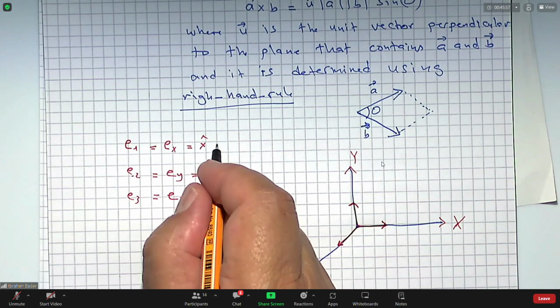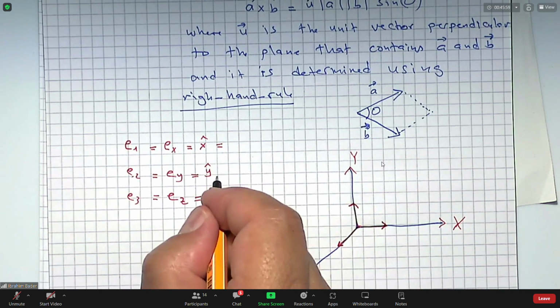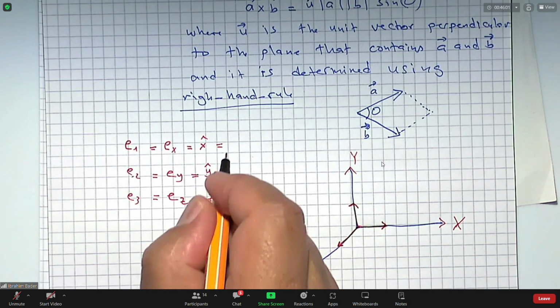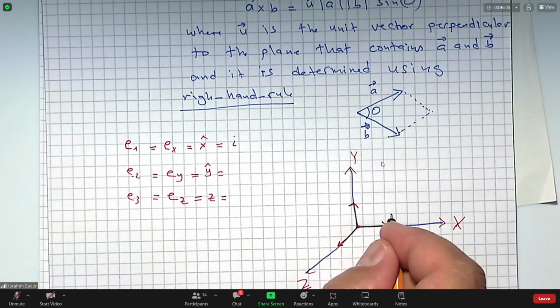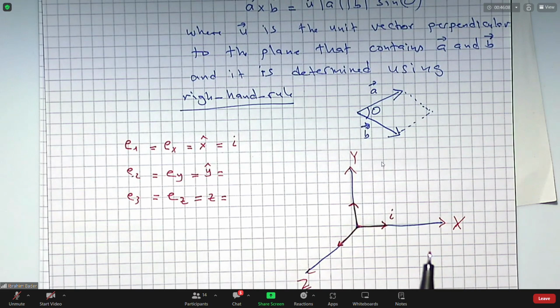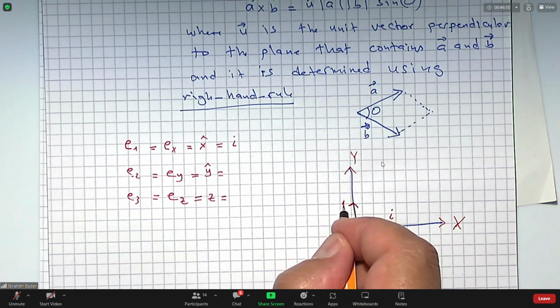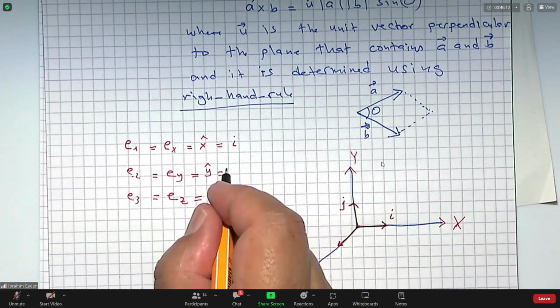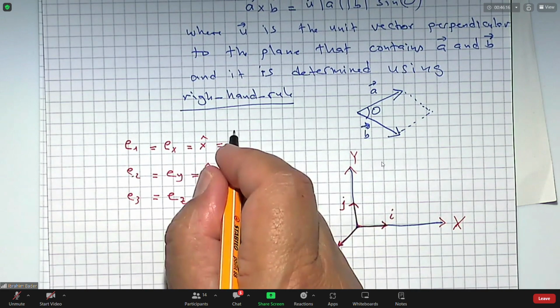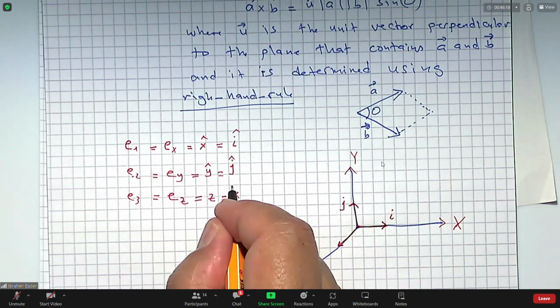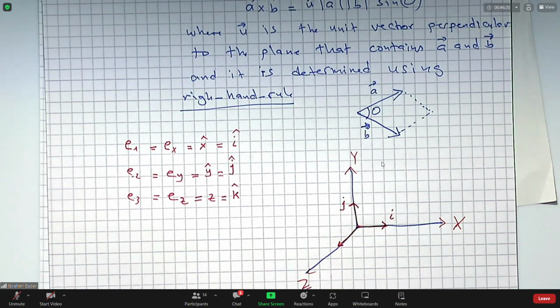Now I'm going to use a notation that we will agree on. We will call this unit vector in direction X, i, this one in direction Y, j, and this one k. We will use this hat on top to show that it's a unit vector rather than a scalar.